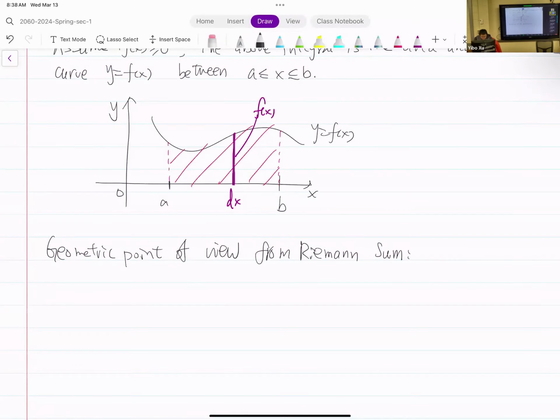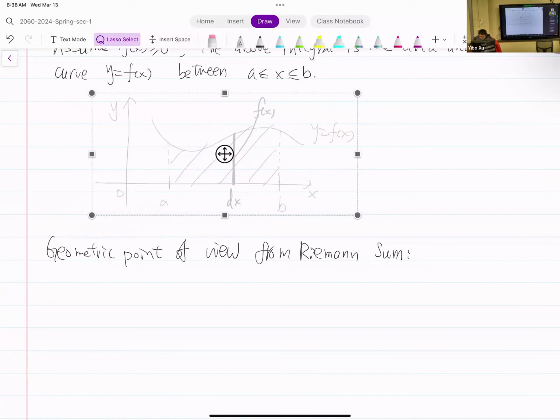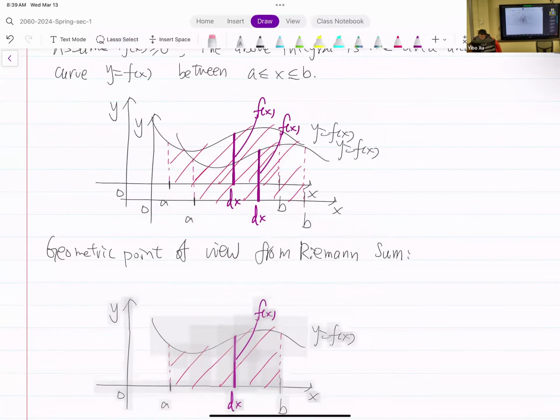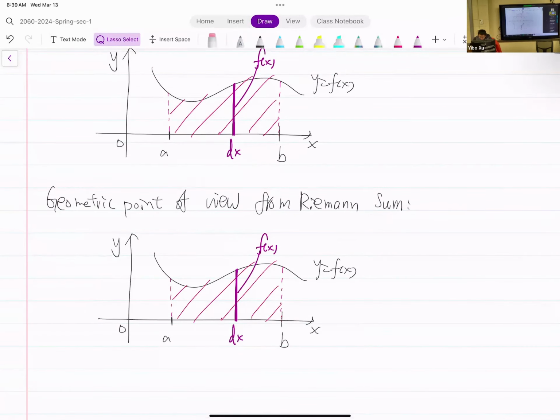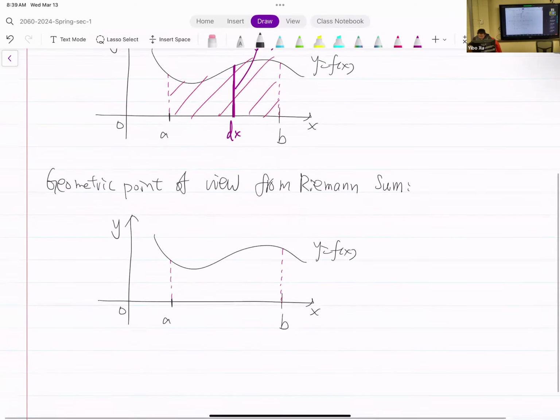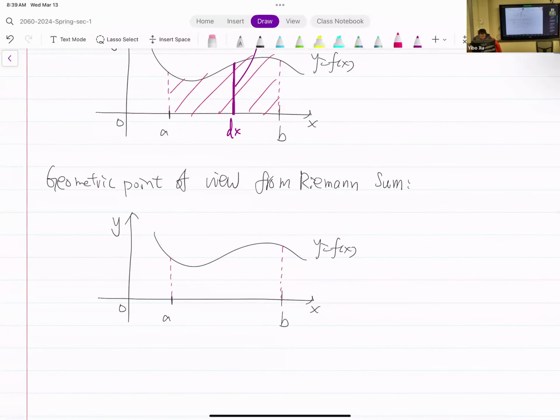Let me reuse this figure. Here we just subdivide the interval from A to B, right? So what do we do?